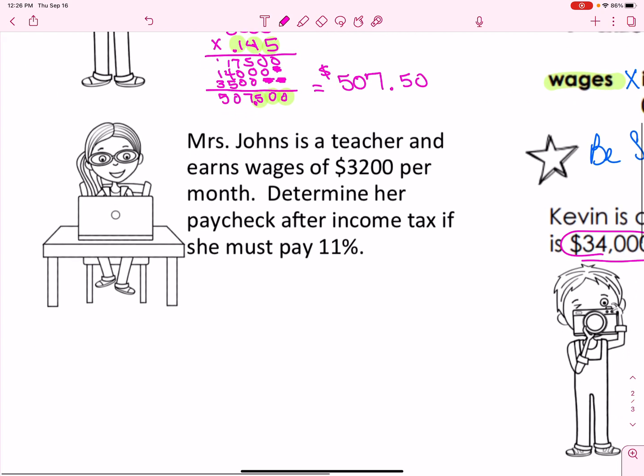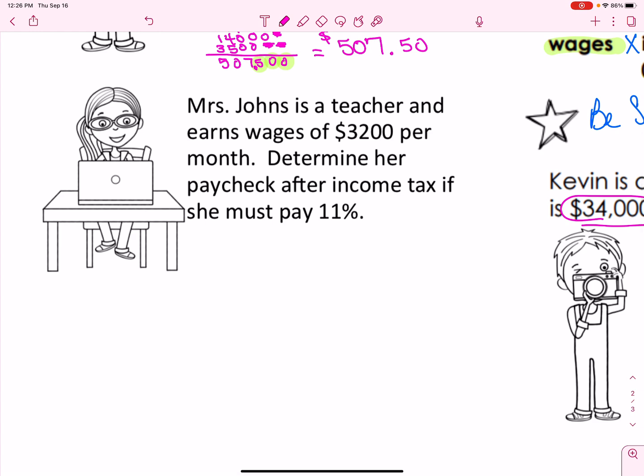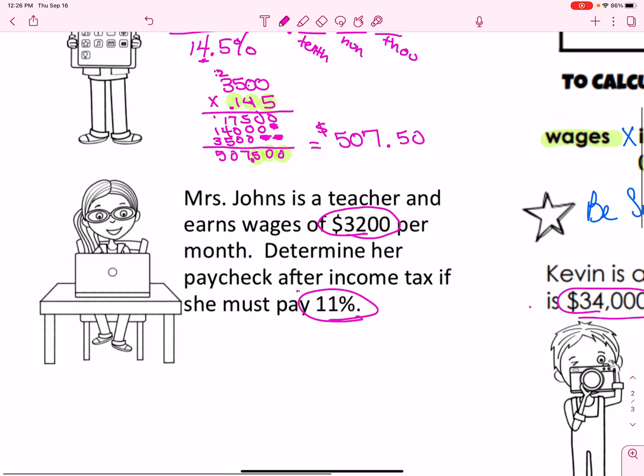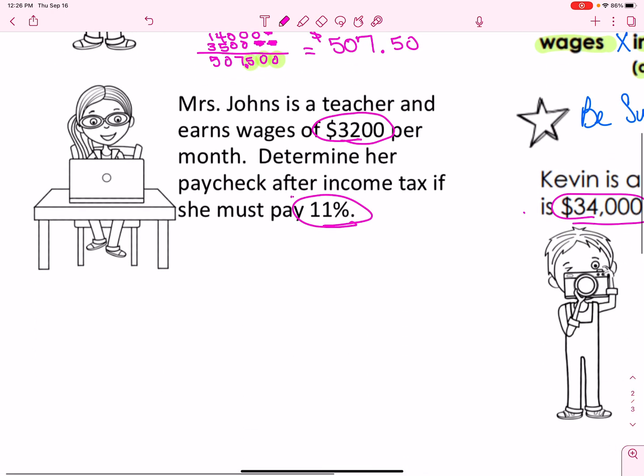If we look at Mrs. Johns, hers looks a little easier. Mrs. Johns is a teacher and earns wages of $3,200 per month. Determine her paycheck after income tax if she must pay 11%. So we're not just looking for the tax here.